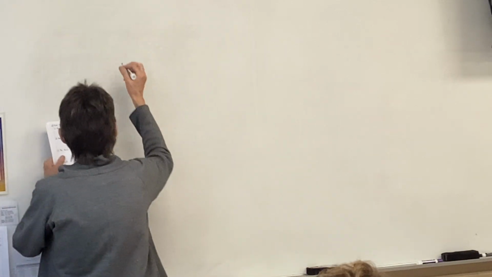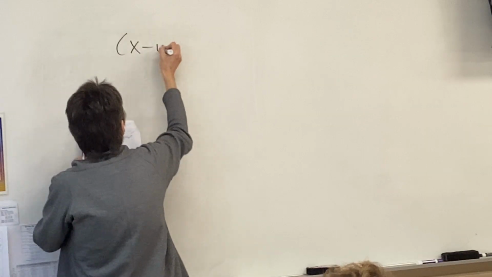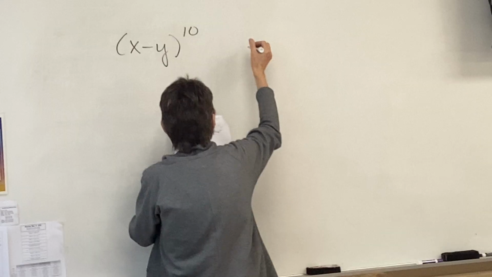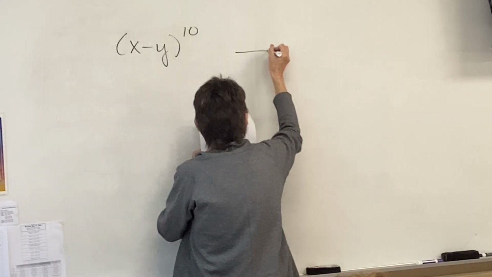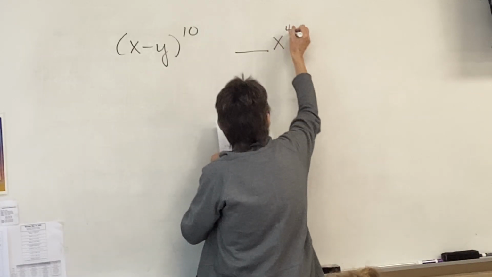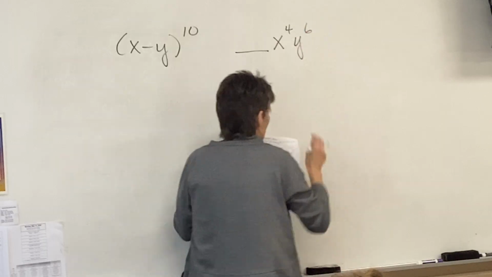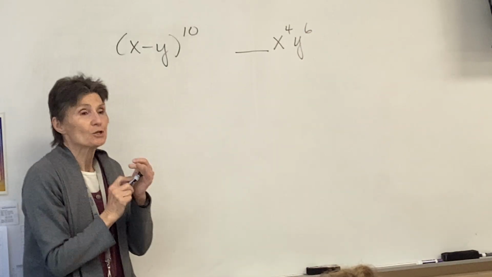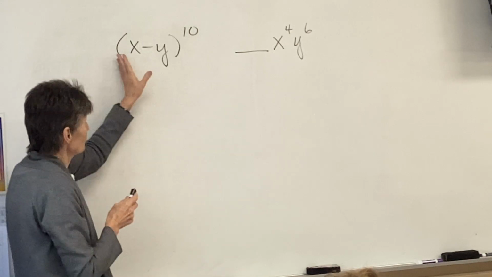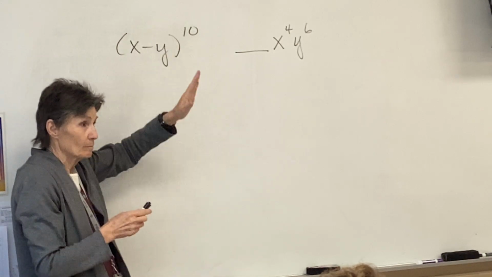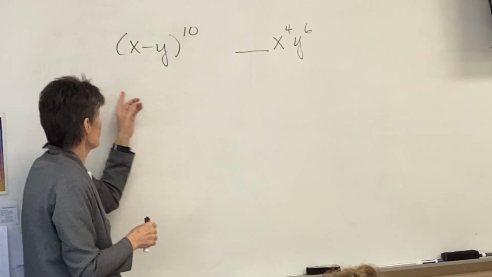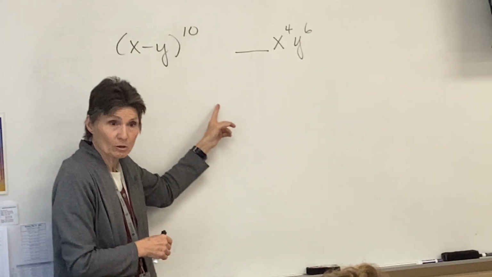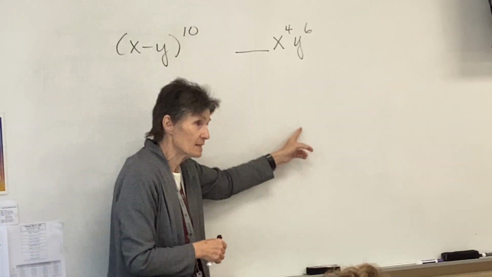We're ready for 2b, which says we have x minus y to the 10th, and we want to find the coefficient of the x to the 4th, y to the 6th term. So you know enough about this to know that if I multiplied that thing out, the first term would have x to the 10th, and then there'd be a term that had x to the 9th and x to the 8th and so on.